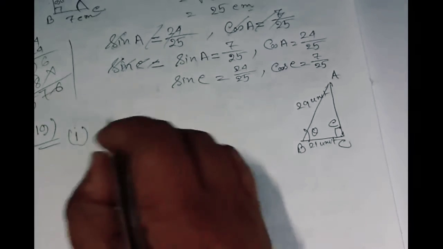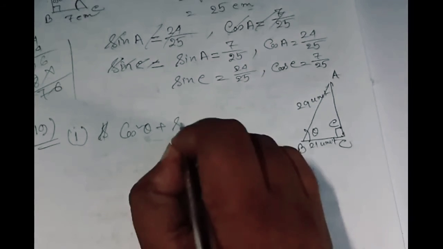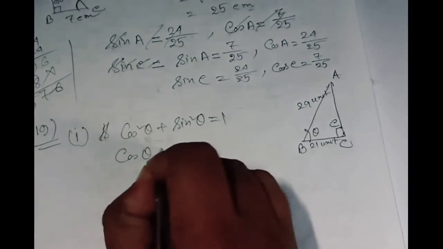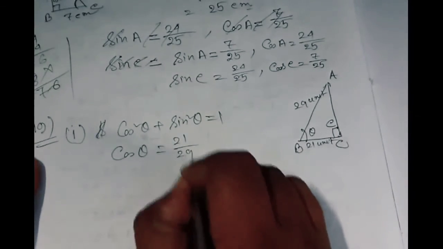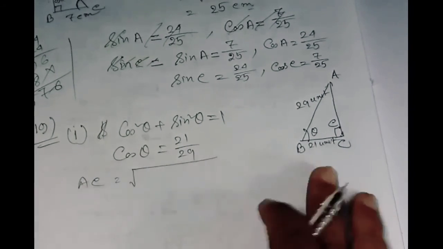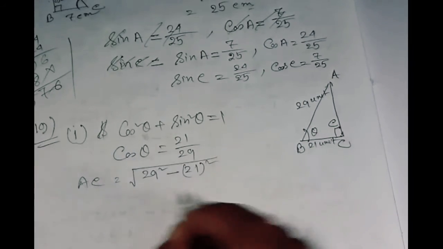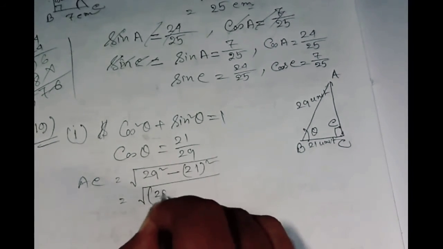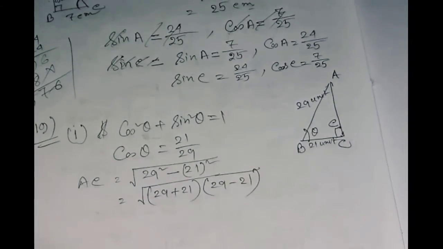Now here first you have to show that cos square theta plus sin square theta is equal to 1. For that, cos theta is equal to base by hypotenuse, that is 21 by 29. Now we have to find AC. AC is equal to root under of 29 square minus 21 square. Okay. So if we do the calculation, 29 plus 21, 29 minus 21.